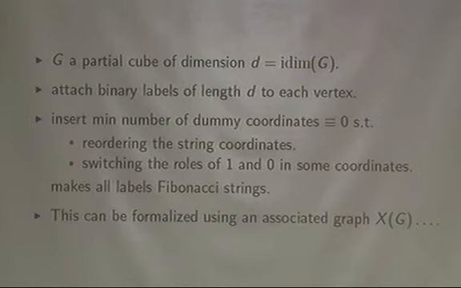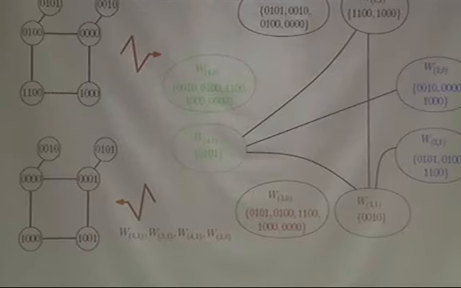Now, you can formalize this using an associated graph, which we denote by XG, basically, I guess, because we didn't have a better name. So this is what you do. You start with an embedding of this graph into the hypercube of dimension 4. A good way to look at this is to make groups. So this is the set of vertices that in the first coordinate have value 0, and this is the complement, the set of vertices that in the first coordinate have value 1.